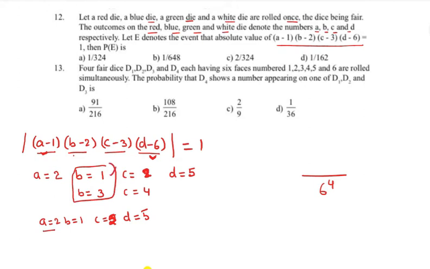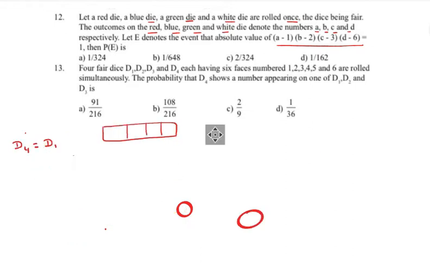Among those 2 possibilities, one only I am taking. So A is equal to 2, B is equal to 1, C is equals to 2, D is equal to 5, one possibility. Suppose I change the B value to 3, another possibility. Similarly, if you change the values of C also, you will get 2 options. That's why total 4 favorable cases are there for this particular question.